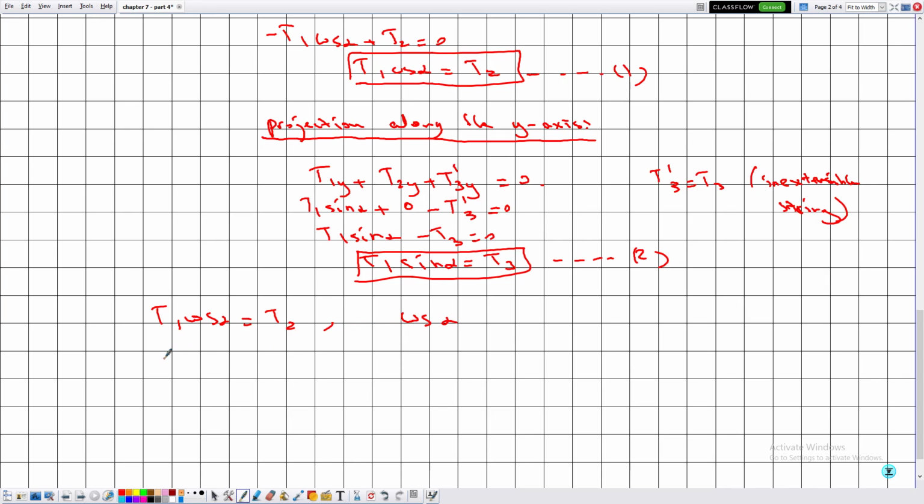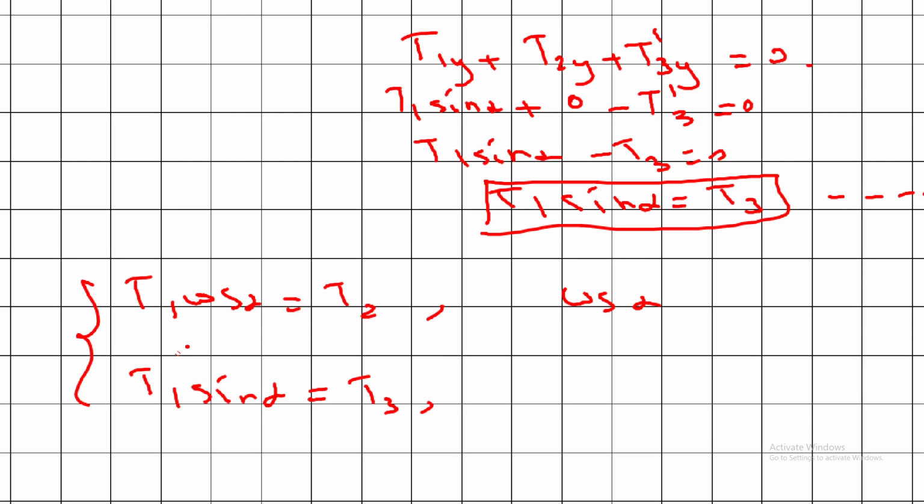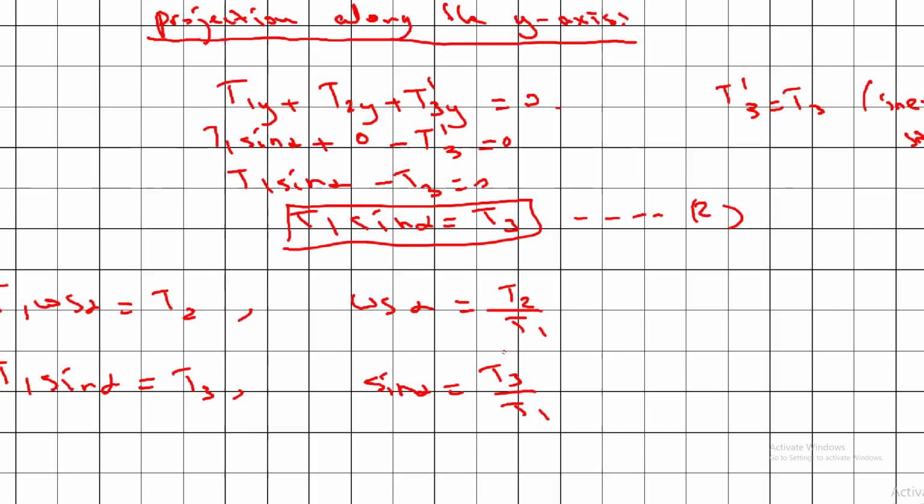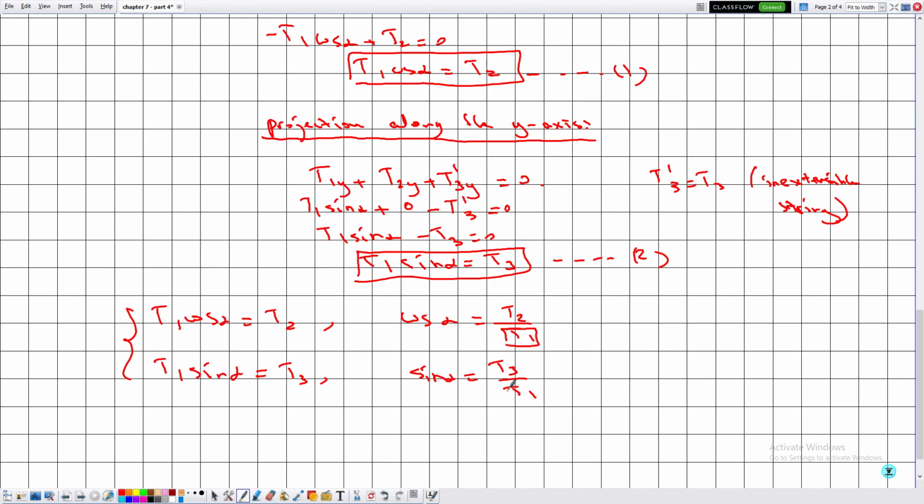So how to deal with such type of equations that include sine and cosine? From the first equation we extract the cosine, from the second equation we extract the sine, then we use the famous equation that cosine squared plus sine squared is equal to 1 for the same angle. So sine alpha is equal to T3 divided by T1, and cosine alpha is equal to T2 divided by T1, noting that T1 and alpha are the unknowns.